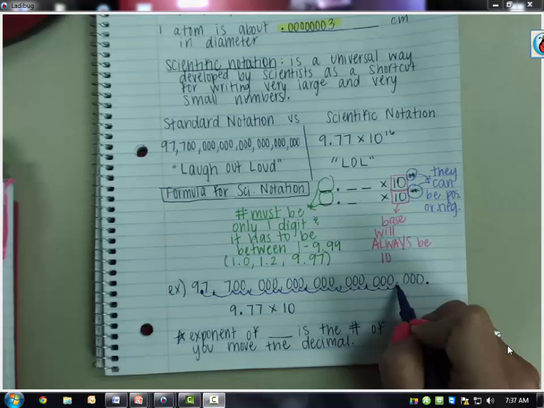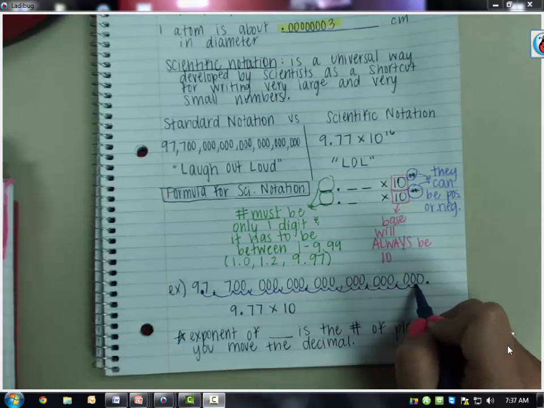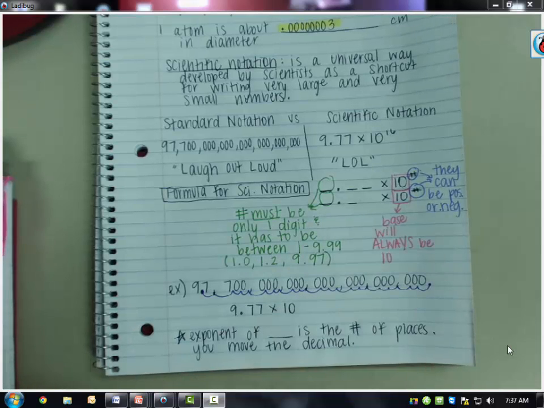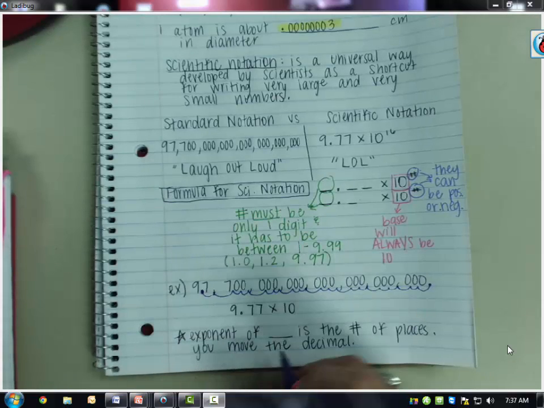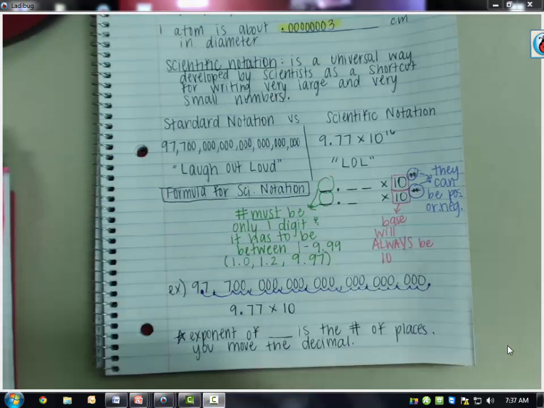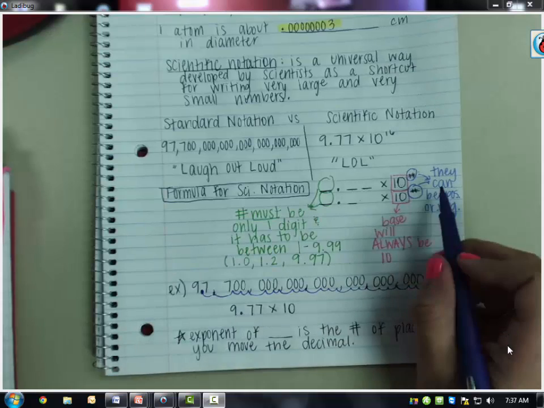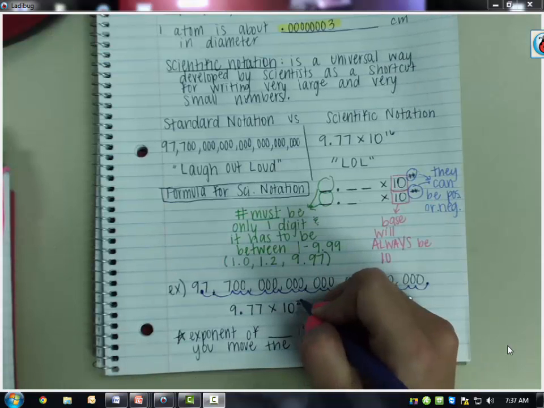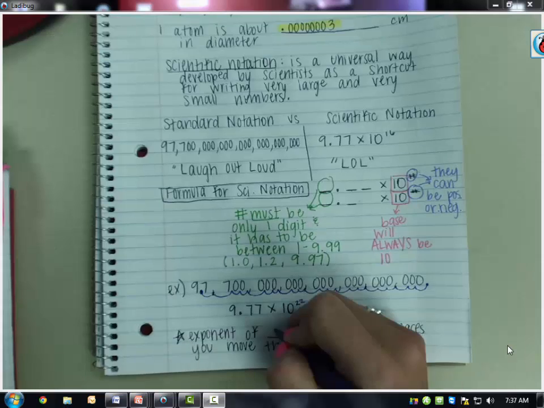So we moved our decimal 22 places, so that's going to be what our exponent is. Our exponent of 22 is the number of places you move the decimal.